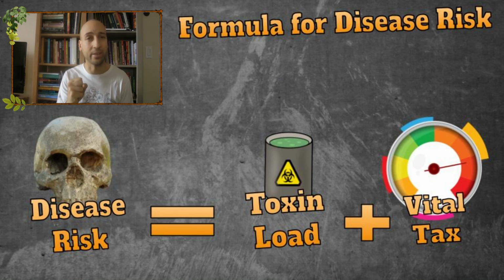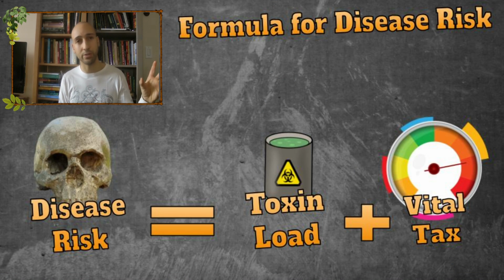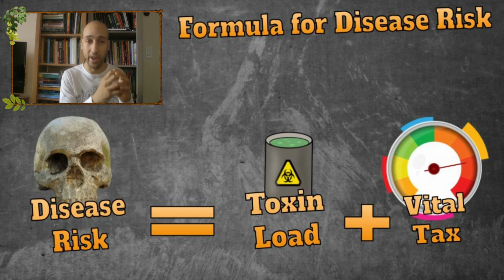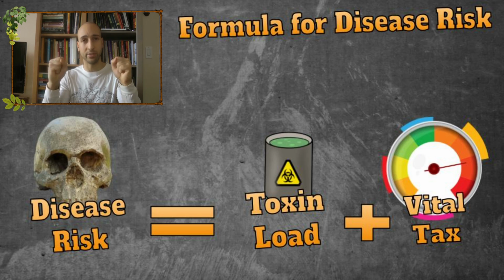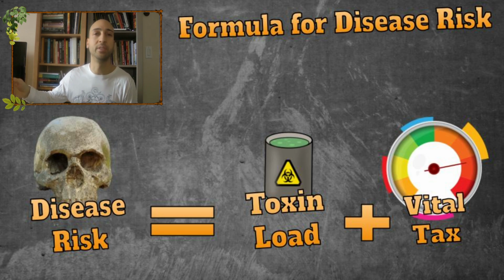Okay. So if we had to put this into like a little visual formula for you, we could say that your vital tax, in addition to your toxic load, are directly proportional to the disease risk. So your vital force, the vital tax and the toxin load, the two elements that you have to worry about, the addition of those two equals your disease risk.